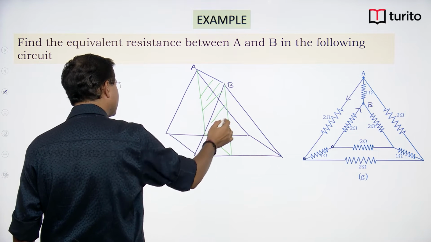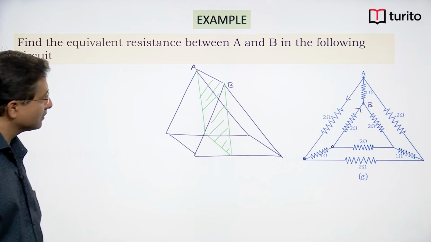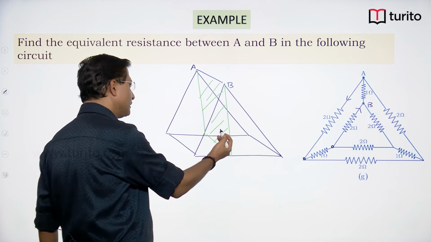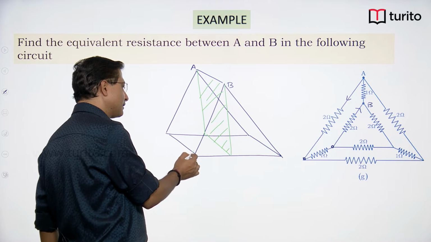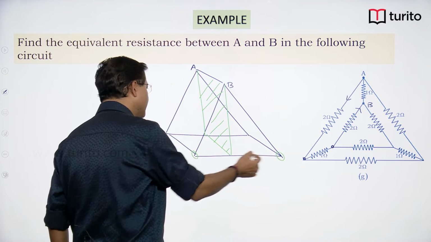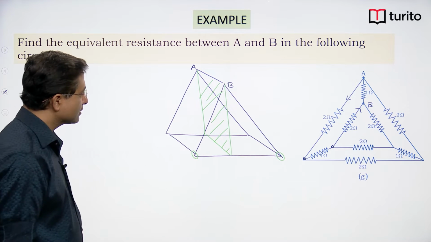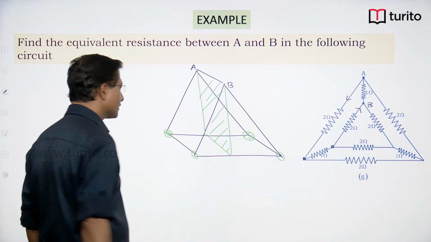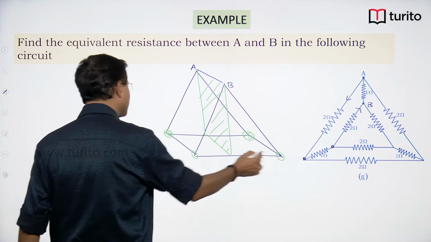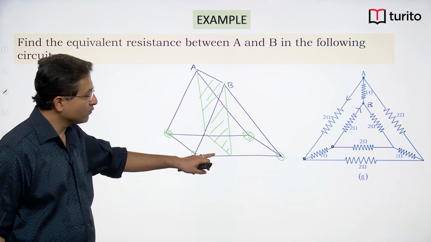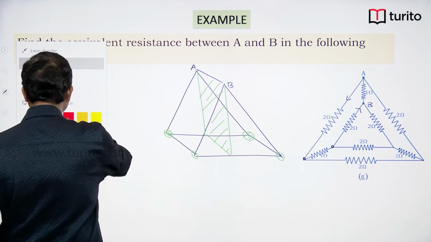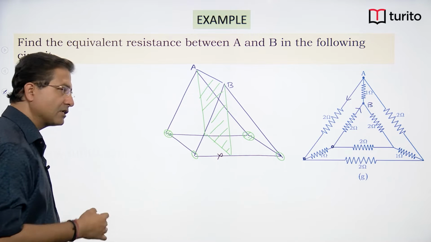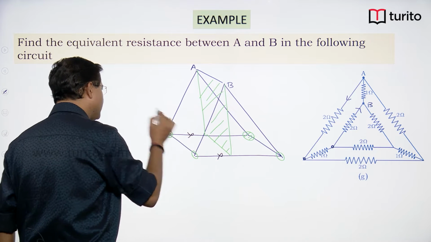So, if this is the plane of symmetry, the point on this side of the plane of symmetry and the point on the other side of the plane of symmetry will have equal potential. Similarly, this point will have the same potential as this one. So, if this one and this one are at the same potential, then there is no flow of current through this resistor. Similarly, if these two are at the same potential, then there won't be any current through this resistor also.